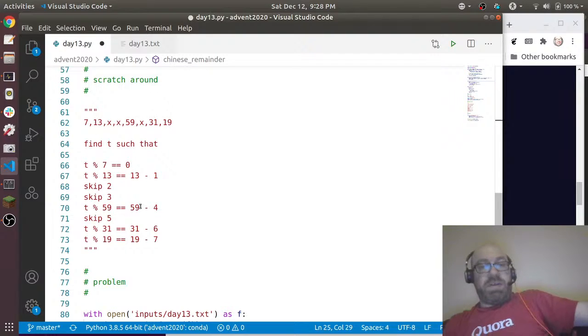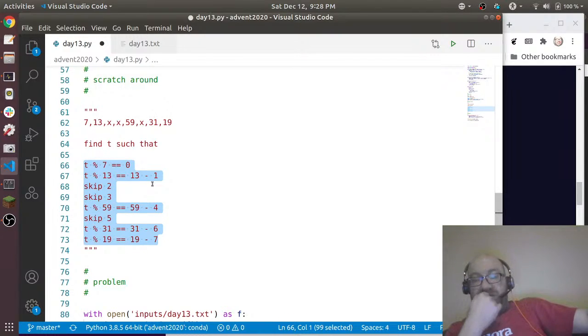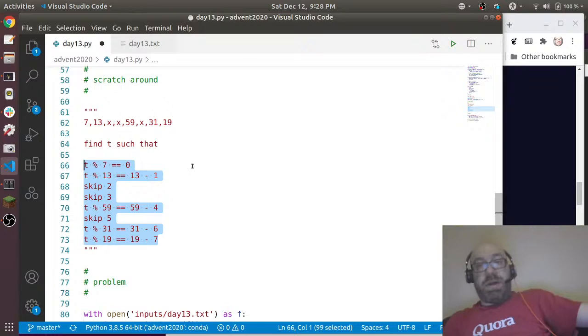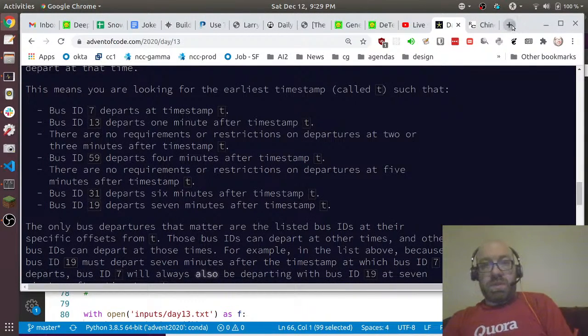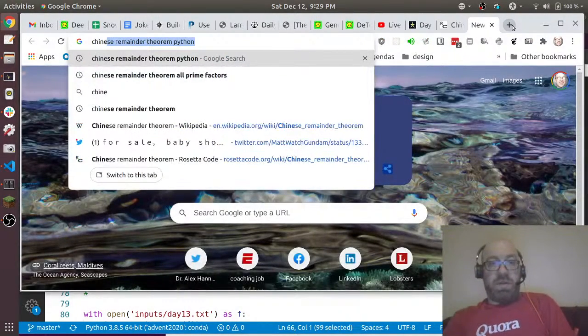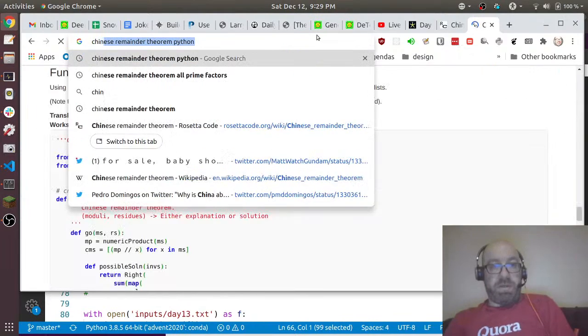T is 4 less than a multiple of 59, so that at t plus 4 it'll be a multiple, and so on. So I said I want to solve these congruences, and I happen to know, as a math person, that... no, that's not what I wanted. I wanted Wikipedia.